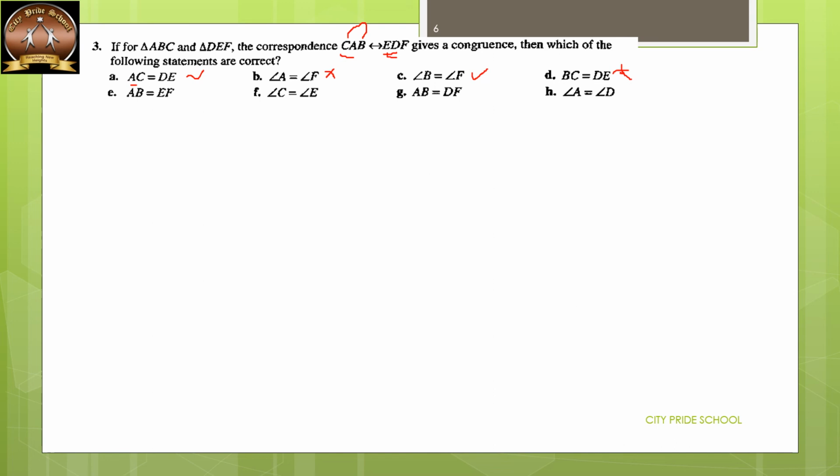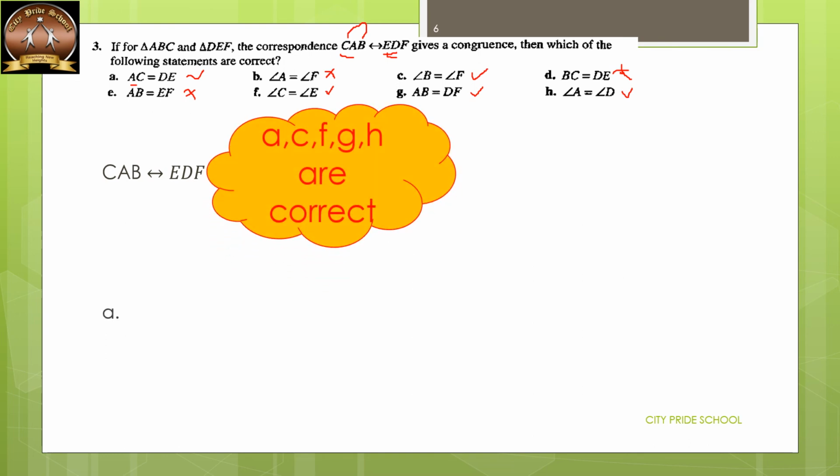Now come to E. AB is congruent to EF. So you can see here this also is not a correct statement. So angle C is equal to angle E. Yes, it is correct according to the correspondence. AB is congruent to DF. Yes. Angle A is equal to angle D. Yes. So now the answer we can write is A, C, F, G, H are correct.